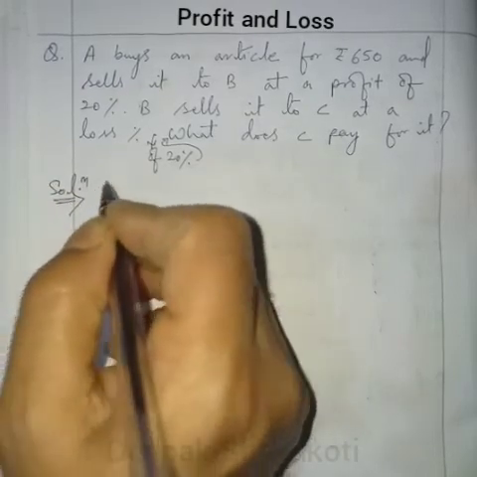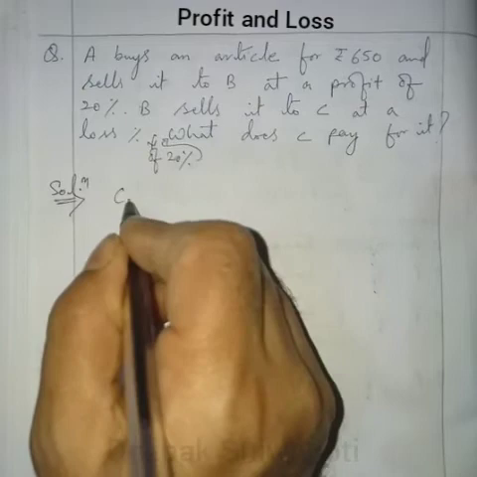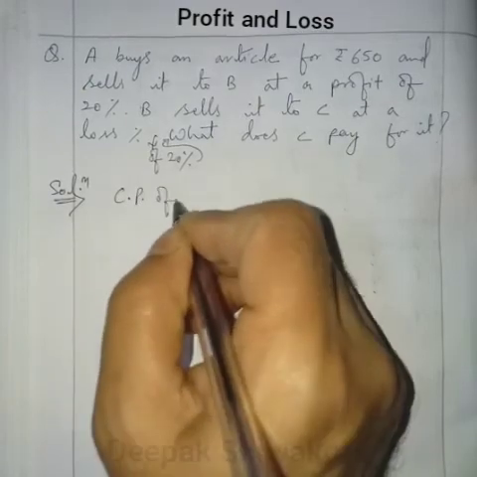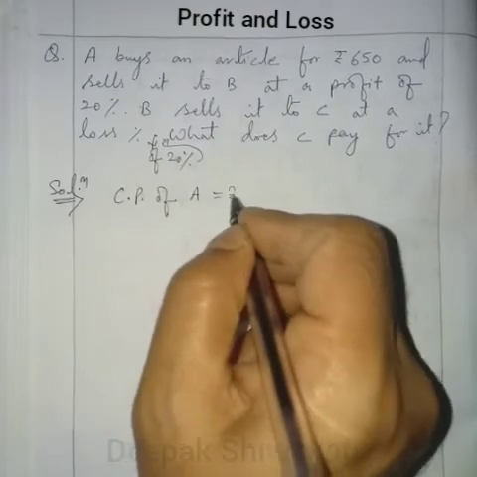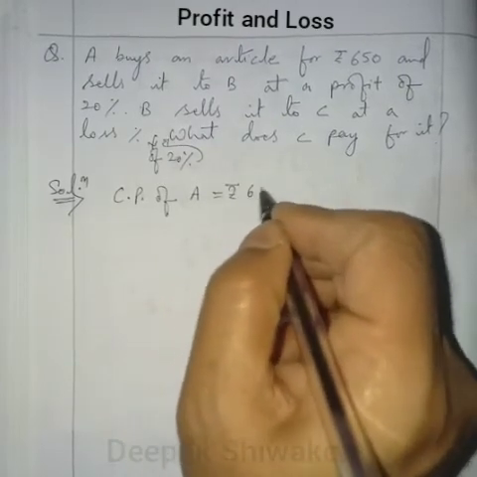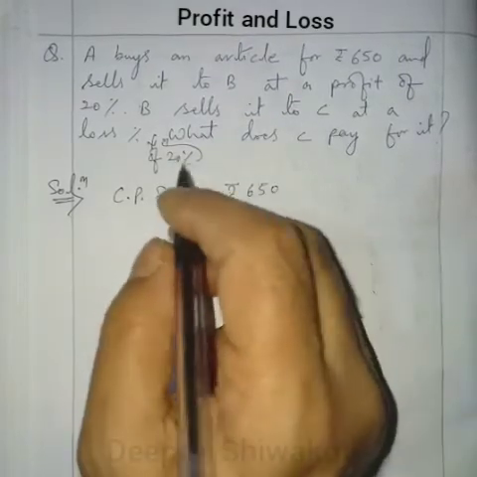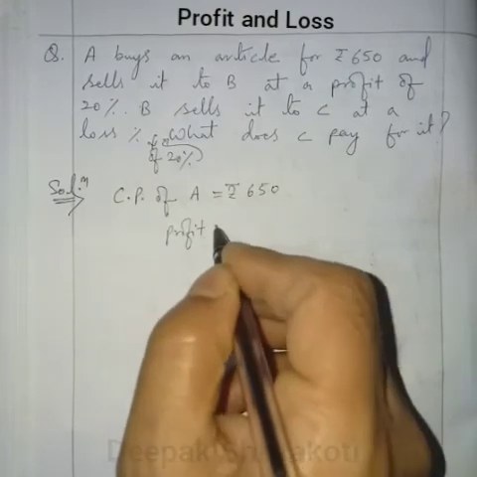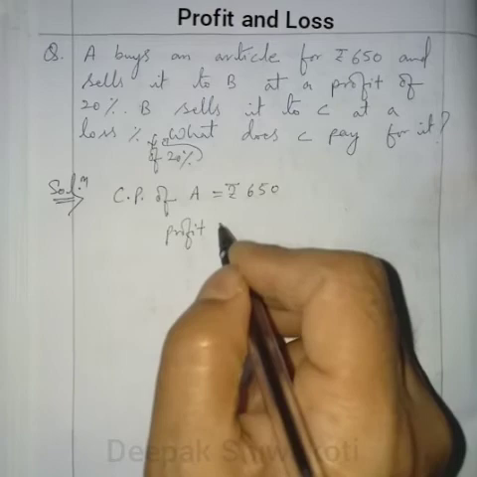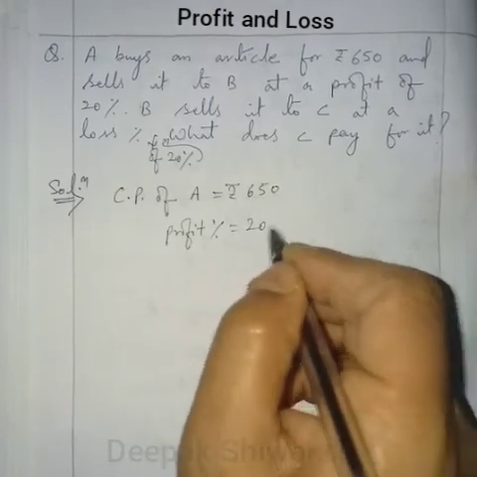Solution: given is cost price of A is rupees 650 and profit percent is equals to 20%.